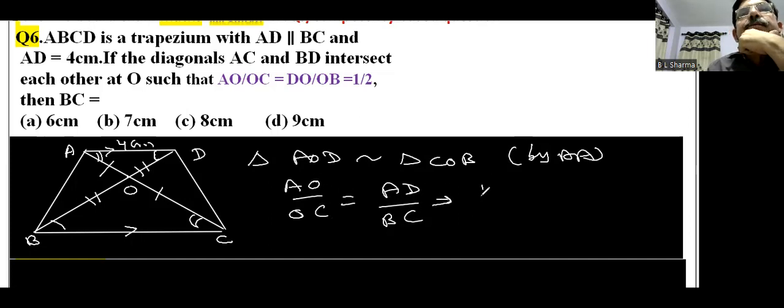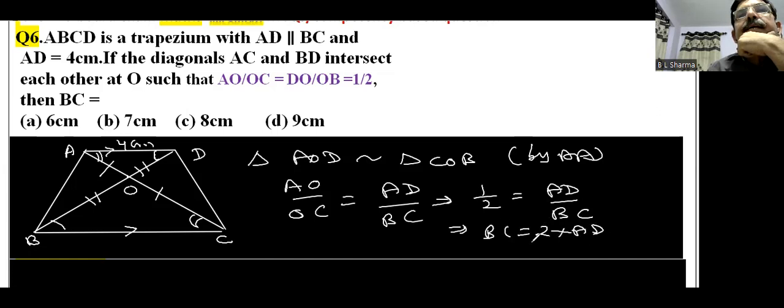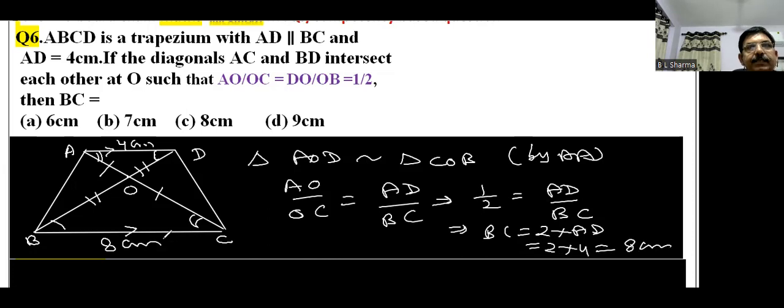AO upon OC is given 1 by 2, that is AD upon BC. So BC is equal to twice of AD, and AD is given 4 centimeters. So BC will be 4 into 2, 8 centimeter. So the length of BC here will be 8 centimeter.